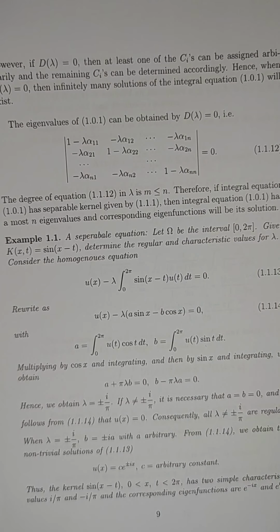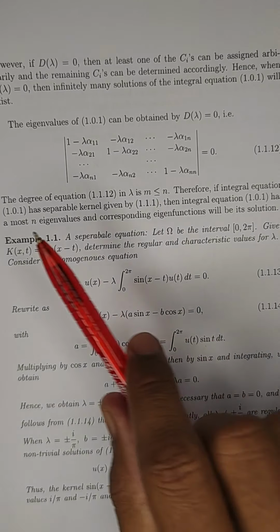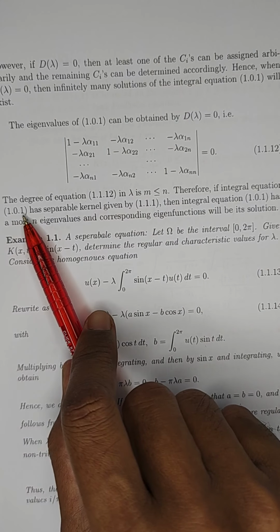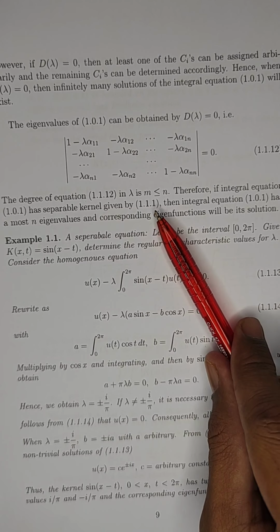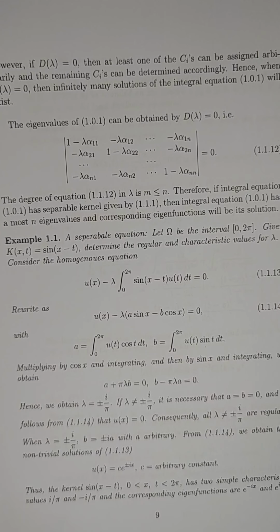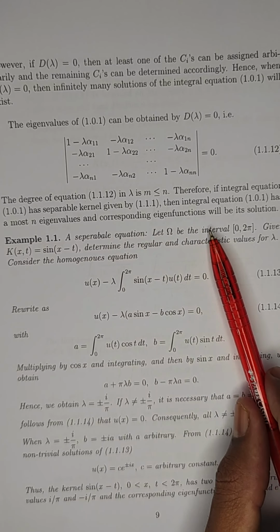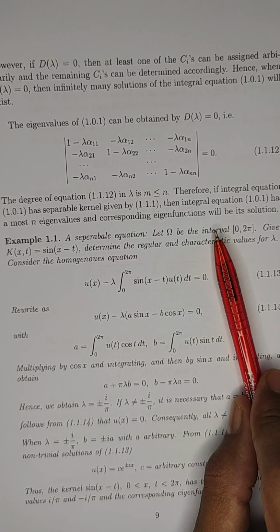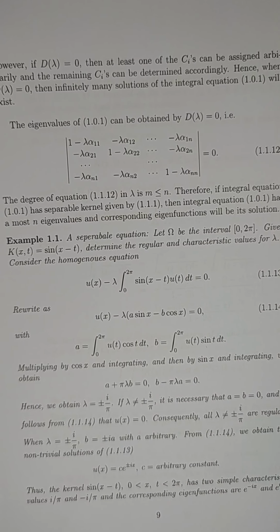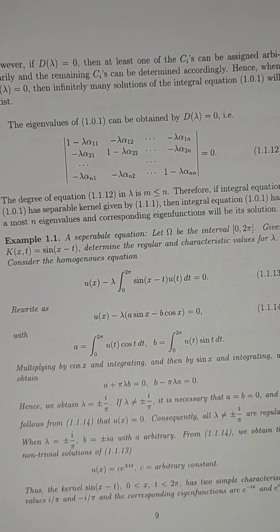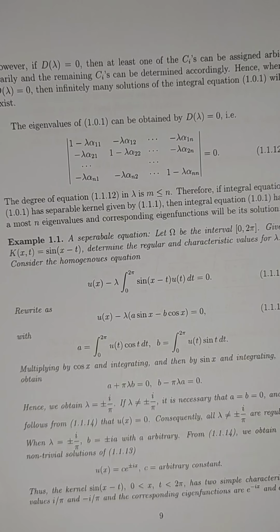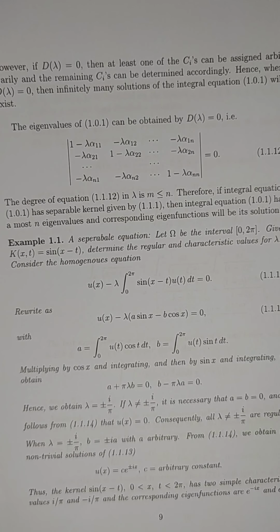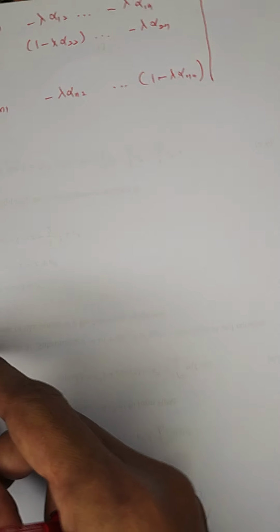Therefore, if the integral equation 1, which is our homogeneous Fredholm integral equation, has a separable kernel given by what I mentioned earlier, then the integral equation has at most n eigenvalues, and the corresponding eigenfunction will be its solution. Okay, so that's the process of how to solve the homogeneous Fredholm integral equation. Now let's see the example.